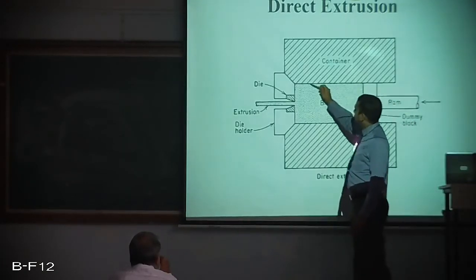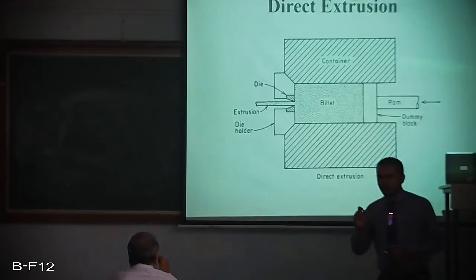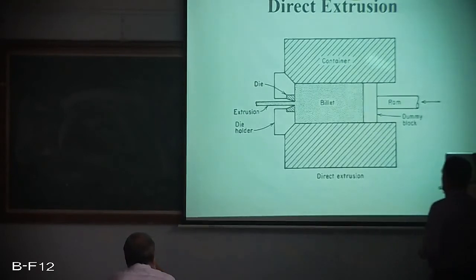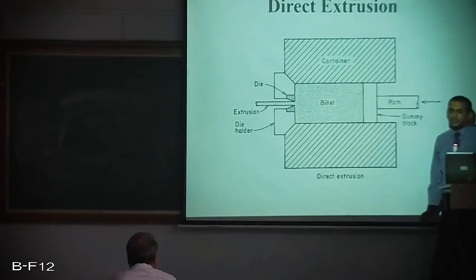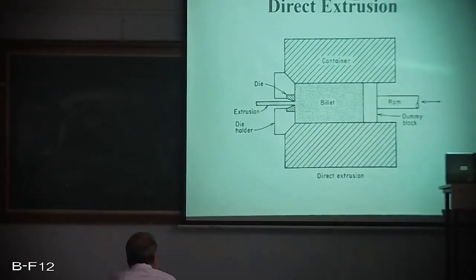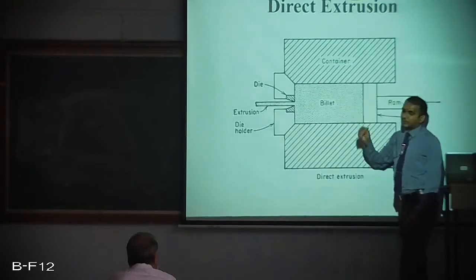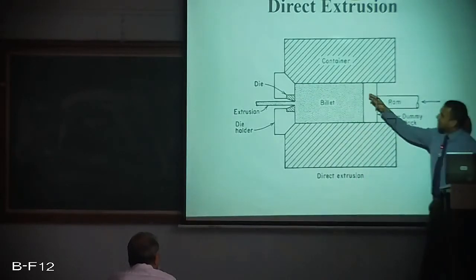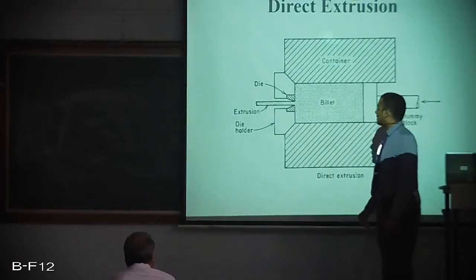Over here you can see this is the billet. Most of the time it might be heated up to a certain temperature to reduce the friction. But most of the time, since it is touching the inner surface of the container, chances are it resists the force exerted by the ram.